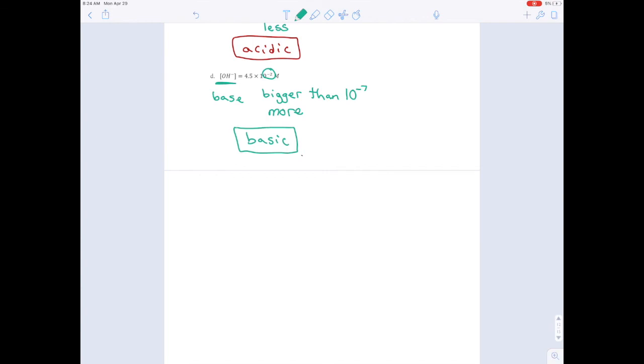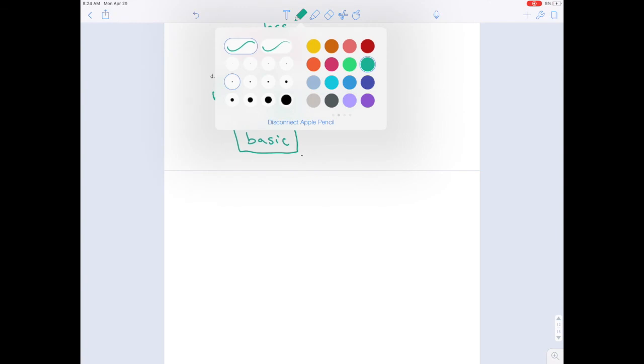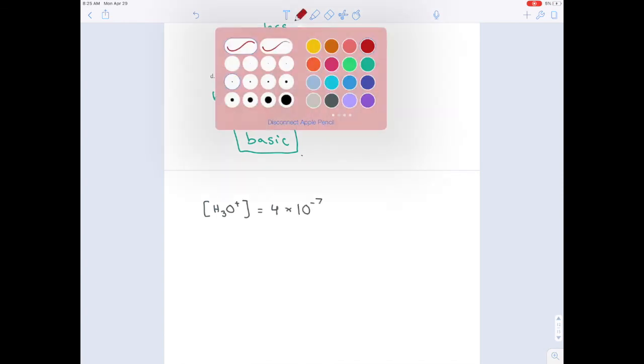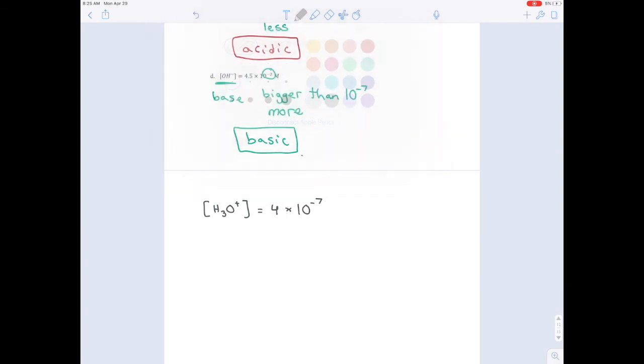So that's the thought process you want to go through with these. If you ever had a concentration that had 10 to the negative 7, for example, if you had H3O plus equals 4 times 10 to the negative 7, you would look at the exponent and you might be tempted to think, well, that is equal to 10 to the negative 7. But remember we're comparing this to 1 times 10 to the negative 7.